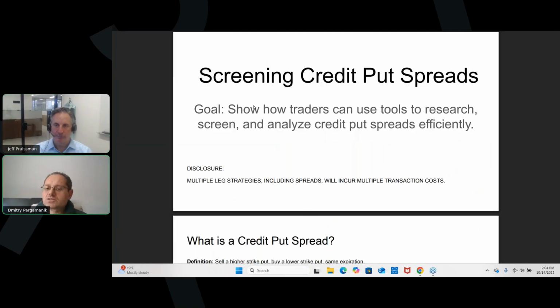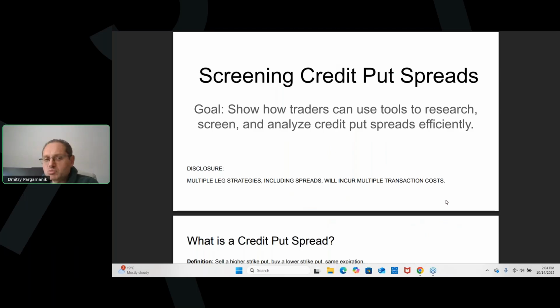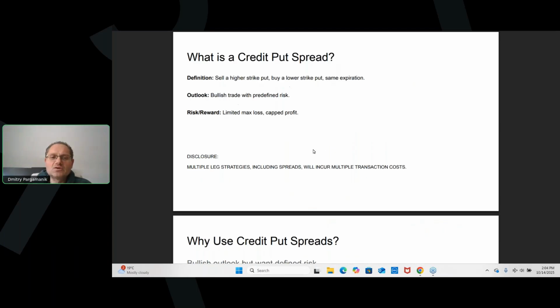What we're going to do today is talk about screening for credit put spreads. Really the goal is just to show how traders can use these tools to conduct research, to screen and analyze credit put spreads more efficiently. For those of you who don't know, what is a credit put spread?